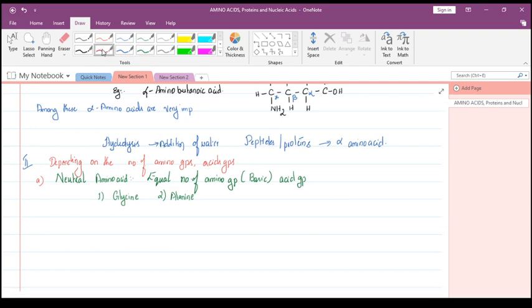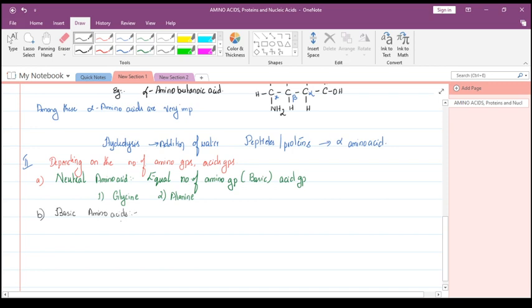And the second classification: if one is neutral, then the other is automatically either a basic amino acid or an acidic amino acid. So the second classification is basic amino acids.